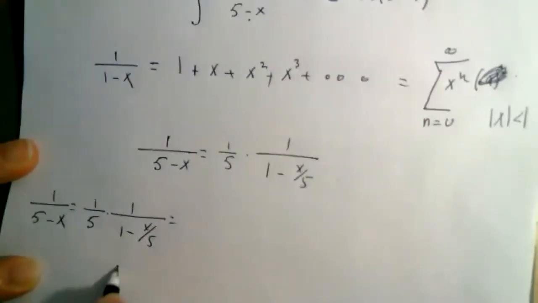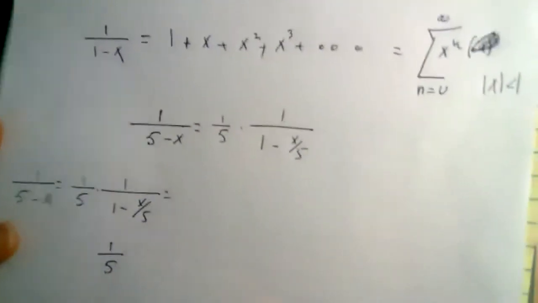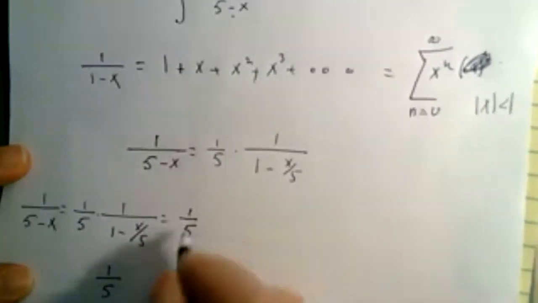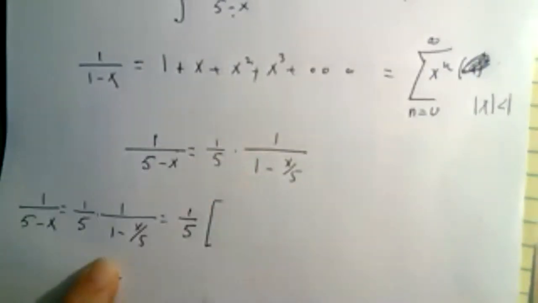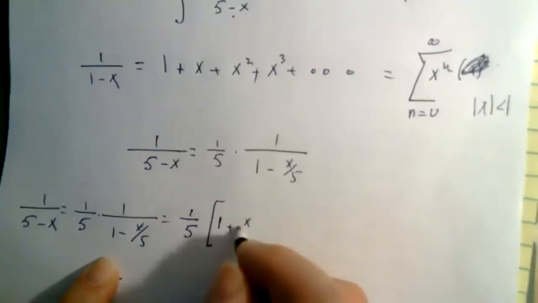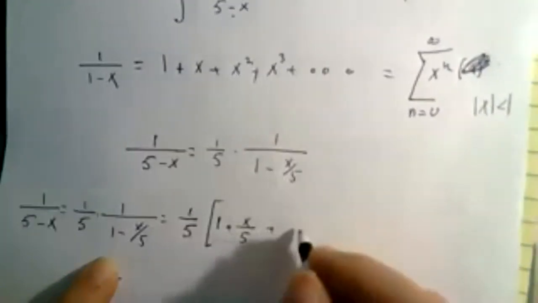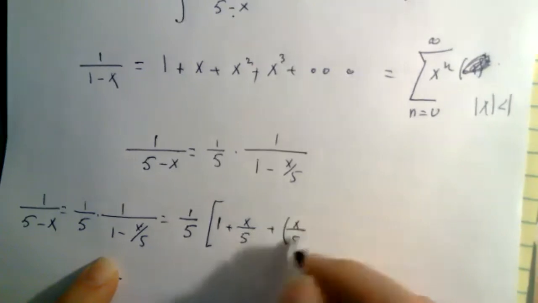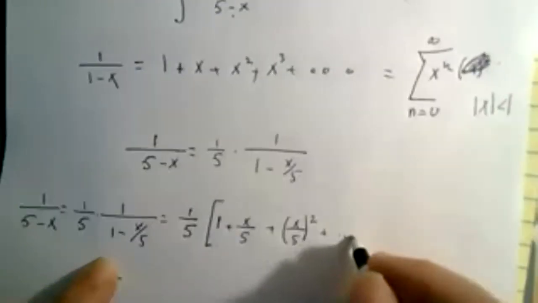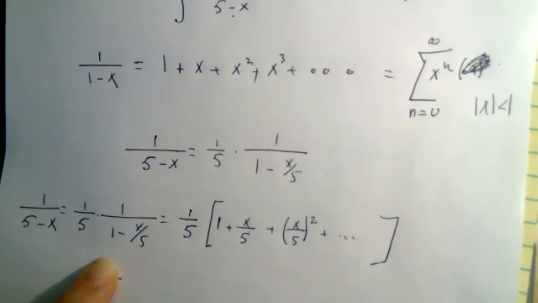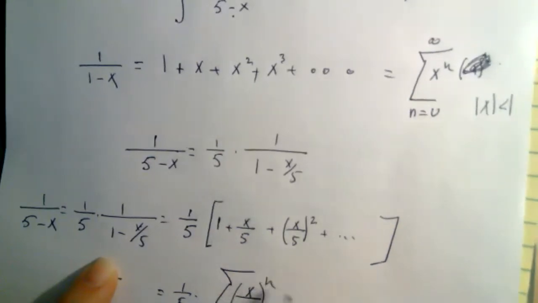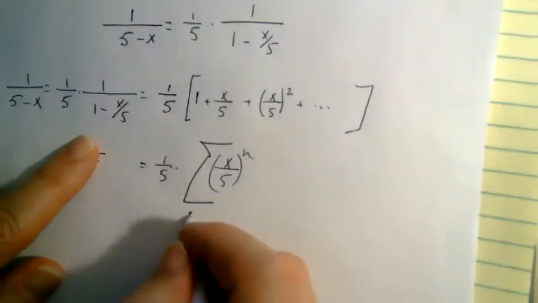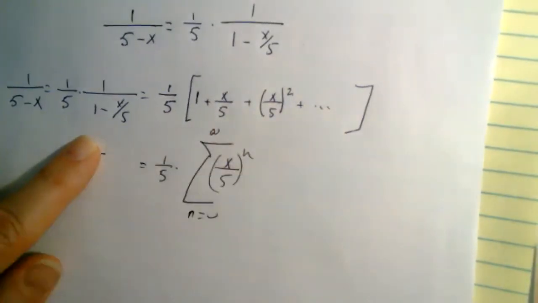So it's going to give me 1 over 5 times, substituting x over 5 for x in here, 1 plus x over 5 plus x over 5 squared plus etc. And in sigma notation, that's 1 over 5 sigma, x over 5, the whole thing, to the power n, n equals 0 to infinity.